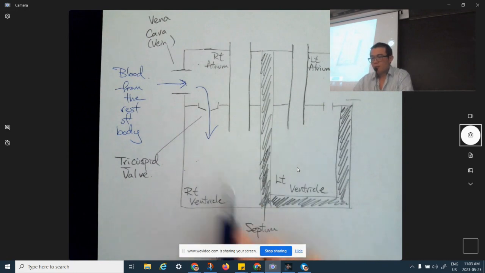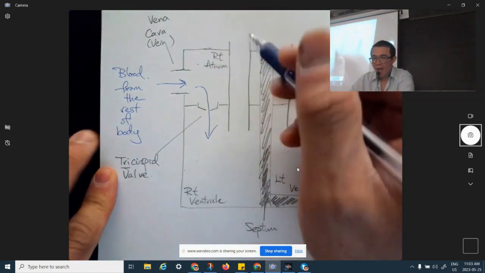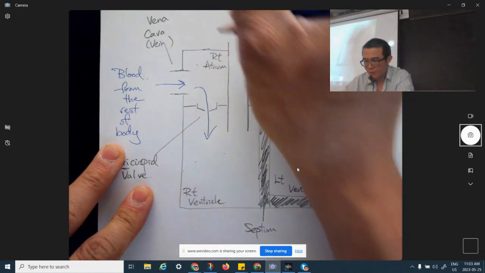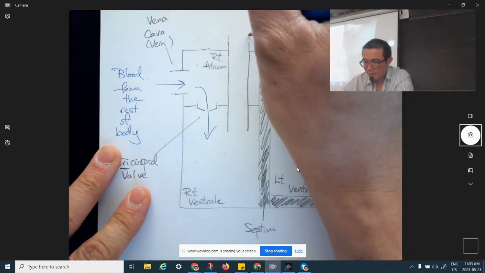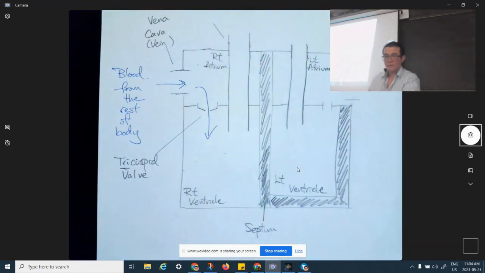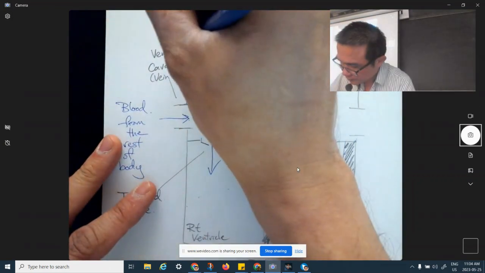Now, the right ventricle, when it contracts, when it squeezes, will push the blood out of this major blood vessel. Now, this major blood vessel has a name. This is called the pulmonary artery. Okay? This is called the pulmonary artery.